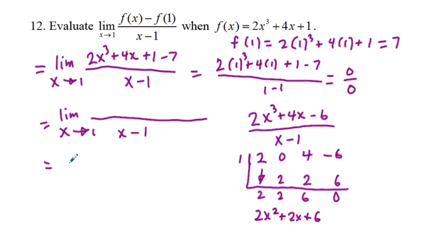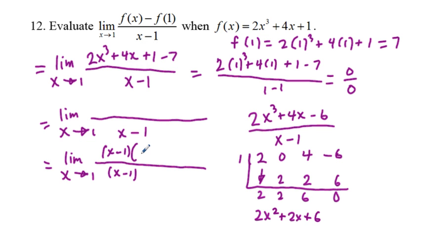So that's going to be equal to the limit as x approaches 1 of x minus 1, and we have x minus 1 still in the denominator, and we have 2x squared plus 2x plus 6.